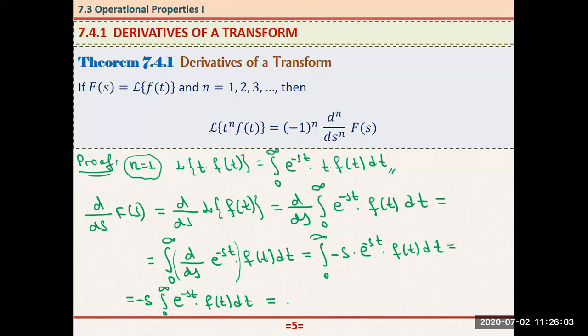So now I can write it as minus s times the Laplace of f of t. Now from here, what do we get?